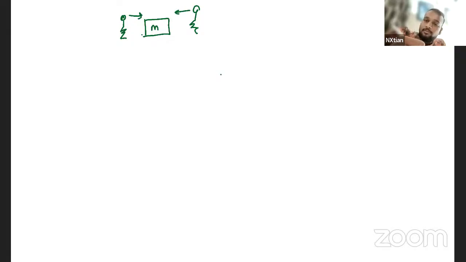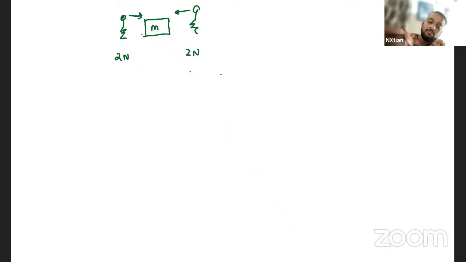So will the box still move? For example, if one is putting 2 Newton force and the other is also putting 2 Newton force, then what will happen? The box will not move because both the forces cancel out, as they are applied in the opposite direction. Now, if this person applies 3 Newton, then what will happen?